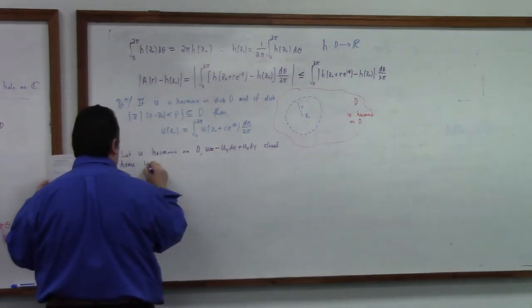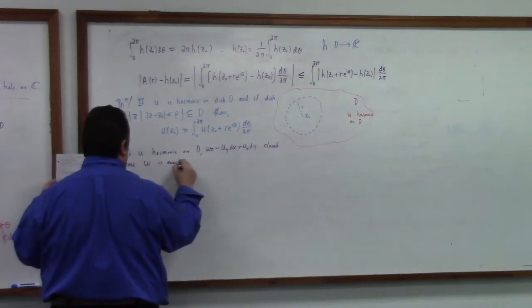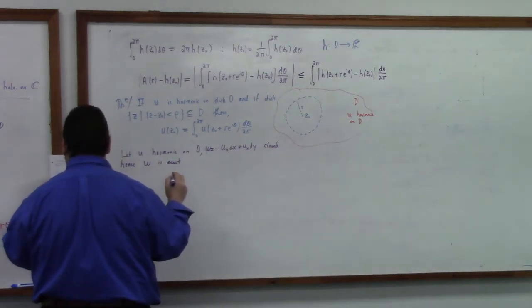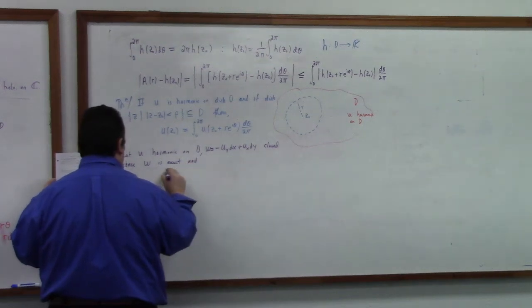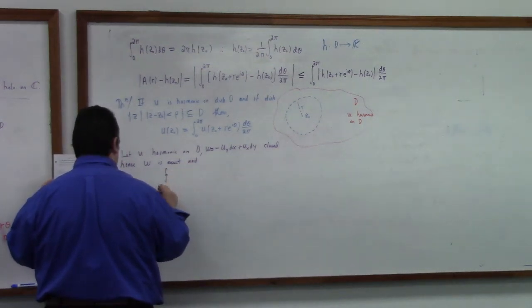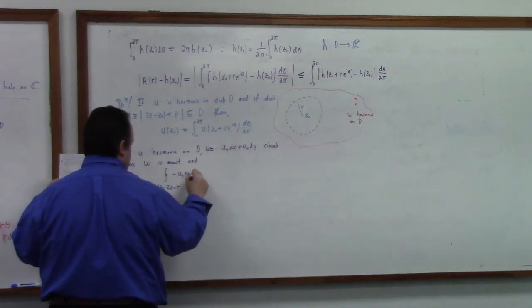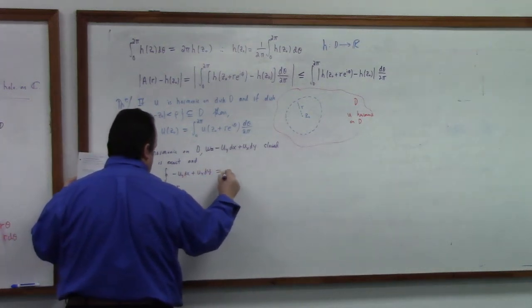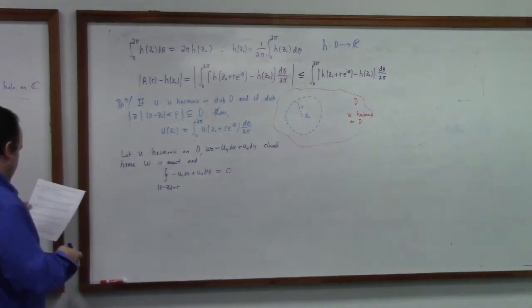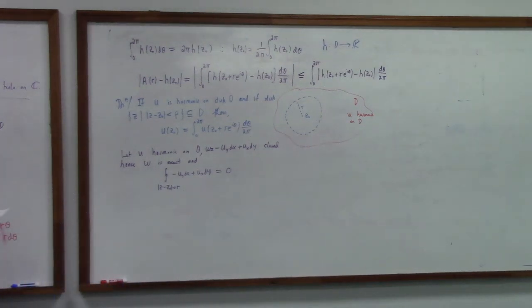Omega is exact, and the integral around the circle centered at z0 with radius r of this thing, minus u_y dx plus u_x dy, well, that's equal to 0, because the integral of an exact form around a circle is 0. And then I say the theorem essentially follows from this identity. We just need to write the integral in detail.